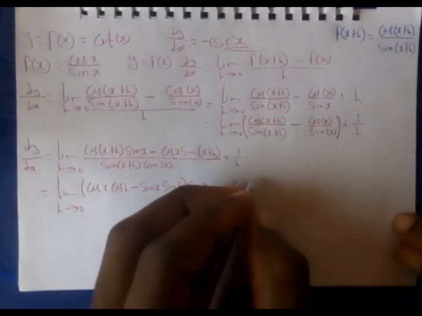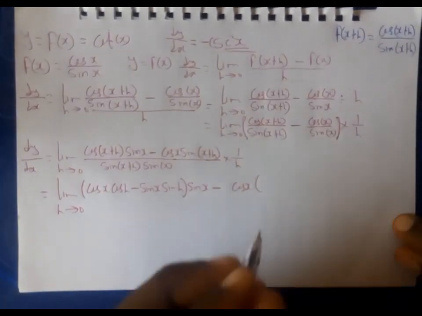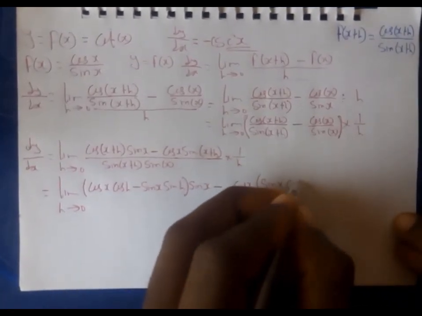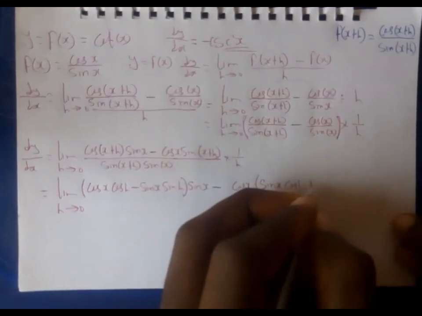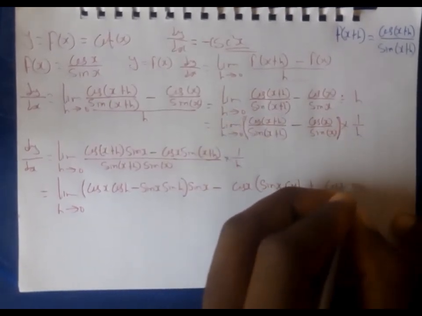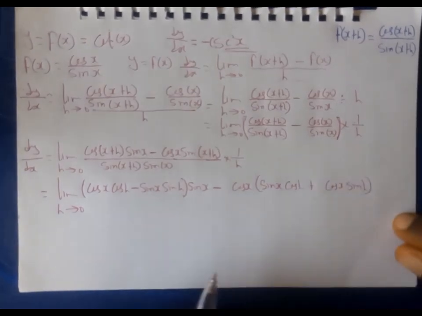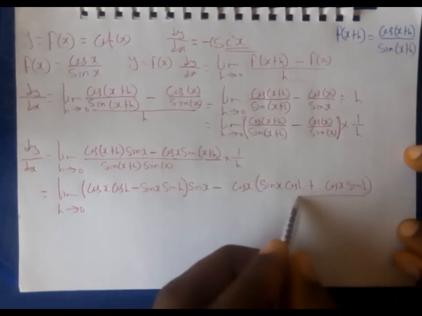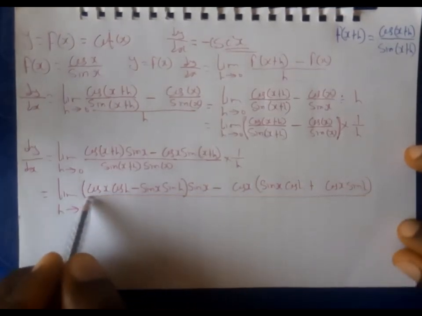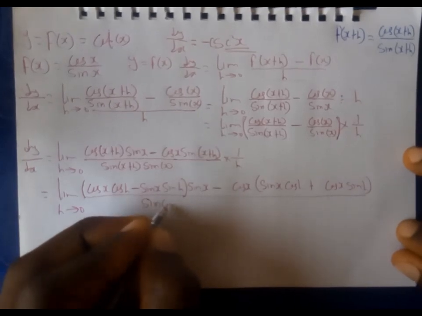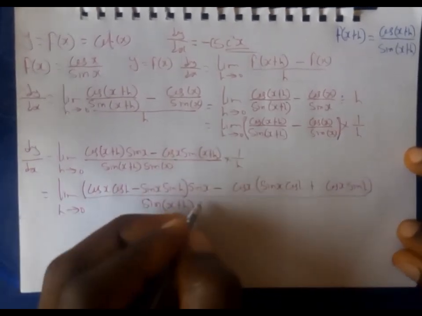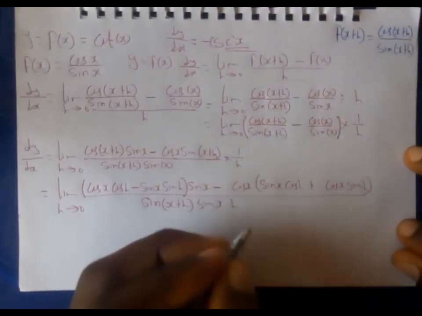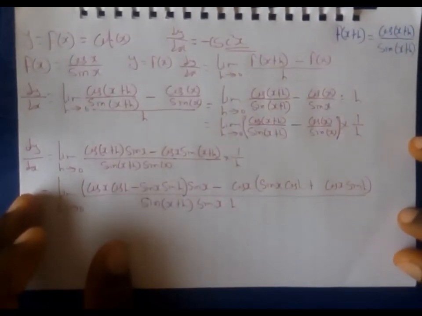Now the sine of x plus h, its expansion, I'm going to put that in the bracket as well because it's not a single term. We said that will be sine x cos h plus cos x sine of h. Perfect. Okay, don't forget we still have division of this entire expression. So we are dividing by sine of x plus h sine of x. Since this is just multiplied by 1 over h, you can bring the h down as well. Okay, now we can proceed forward.